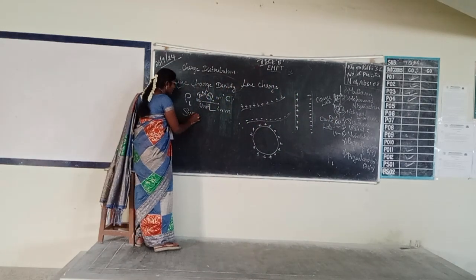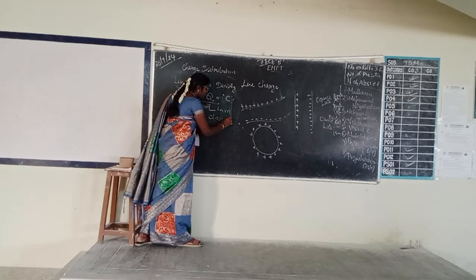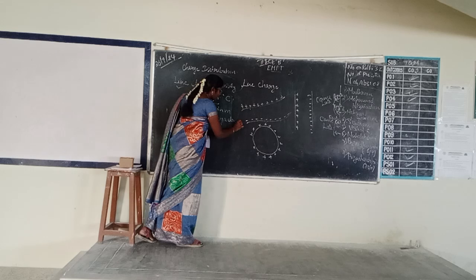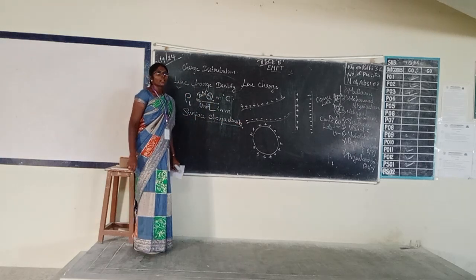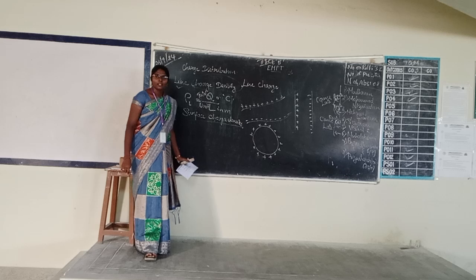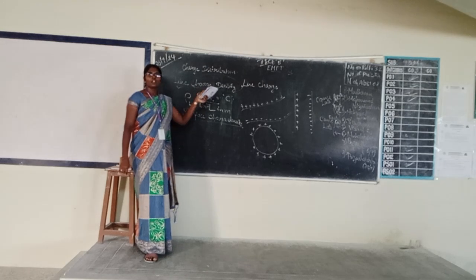The next is surface charge density. How can you define the surface charge density? Here, for the line, it is the charge occupied in a line.